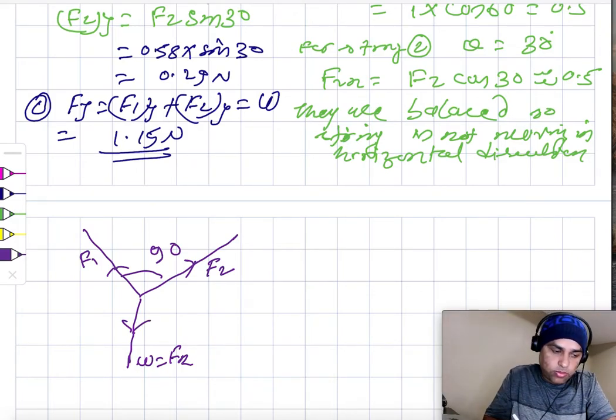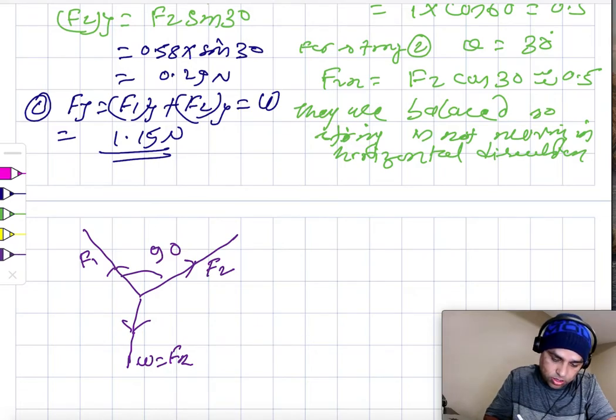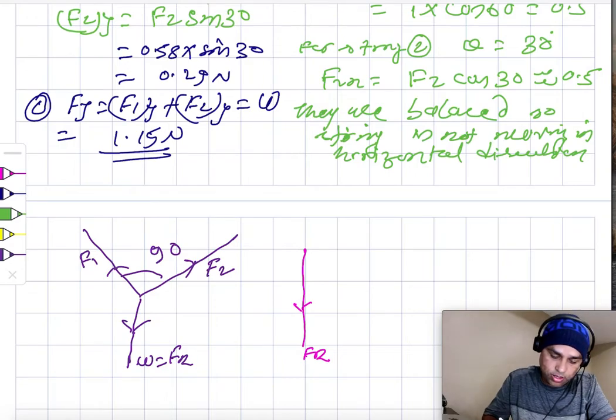So this is the force, a downward force. Let's use a different color. This is the downward force FR, and another force is F2, let me use green.